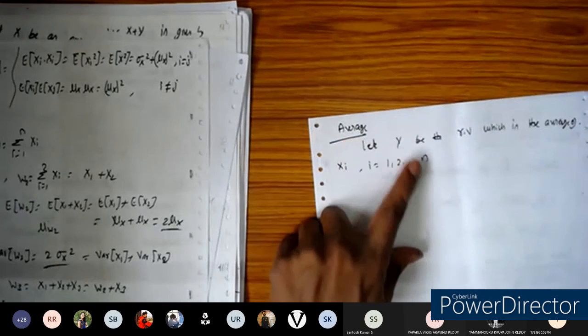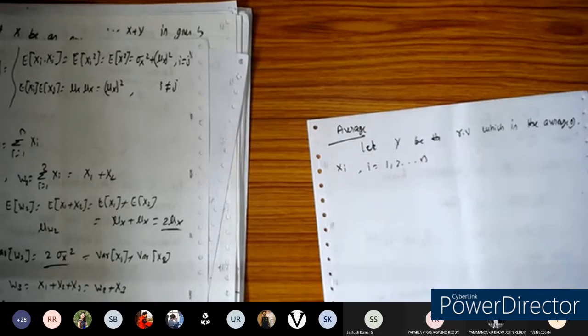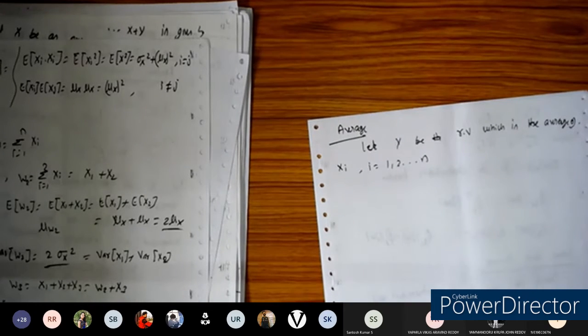So the average is nothing but taking the random variable Y as the average of the random variables X. You studied this in your concepts of number theory, where you take the average of the numbers, which is considered the mean.